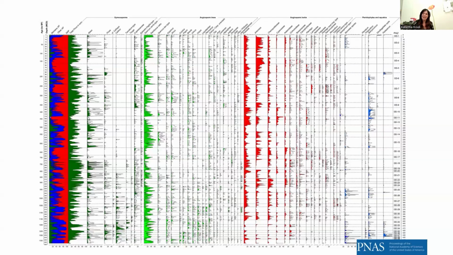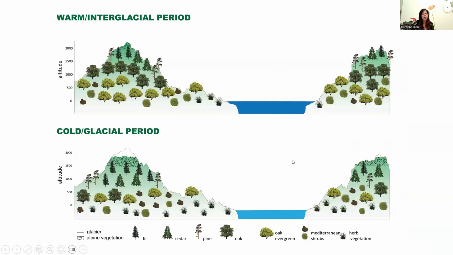Don't worry, I won't tire you with this very complex diagram, but I just wanted to show you the long record that goes back to 1.4 million years before present, a continuous record, and the high diversity of the plant species that we recovered. It is easier for a non-palynologist to see such a diagram to understand what was happening in the south during the glacial and interglacial periods.